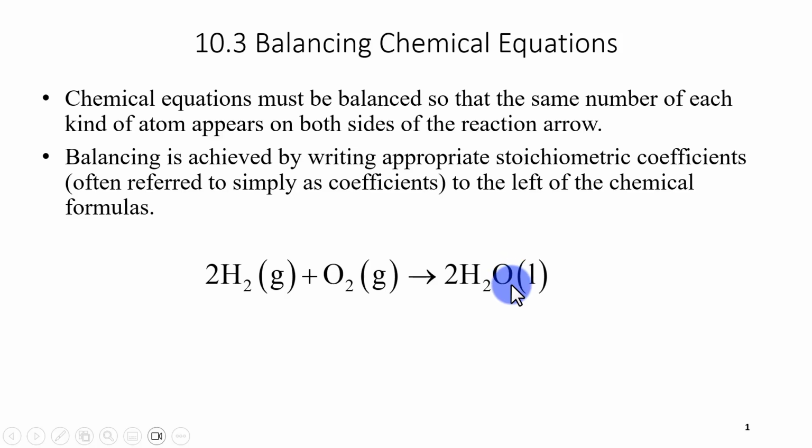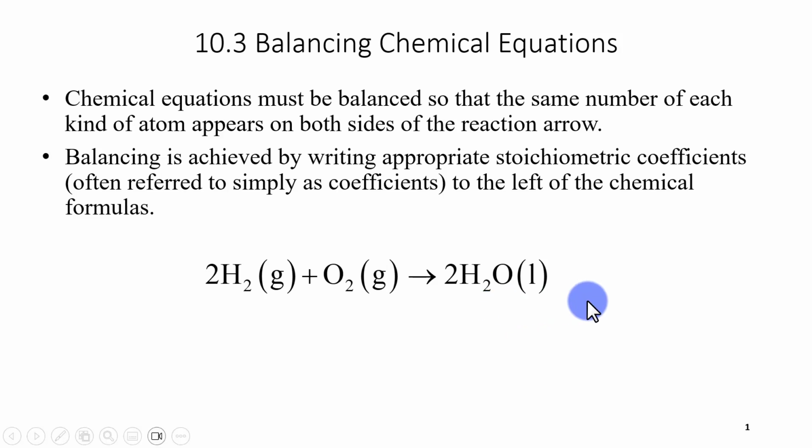To figure out how many oxygens I have, I multiply the subscript by the coefficient. I have 1 oxygen times 2. That gives me 2 oxygens on this side as well. I have the same number on both sides, and that's how I know that a reaction is balanced.